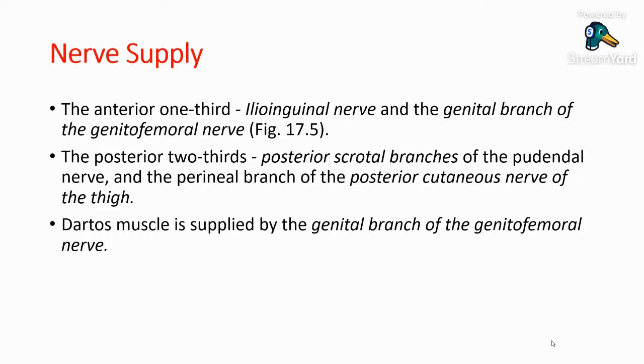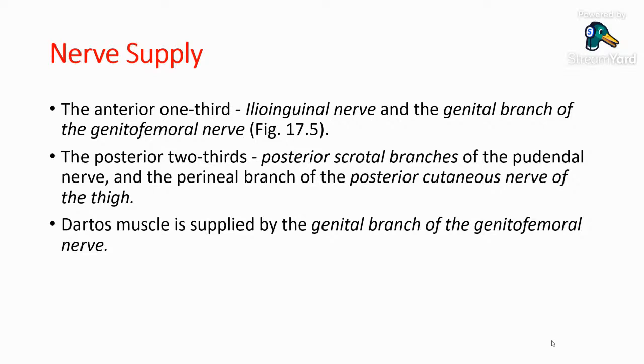See carefully in this nerve supply: the anterior one third is supplied by L1 while the posterior two thirds is supplied by S3. That much distance is there between the spinal segments, after L1 come L2, L3, L4, L5 and then S1, S2.